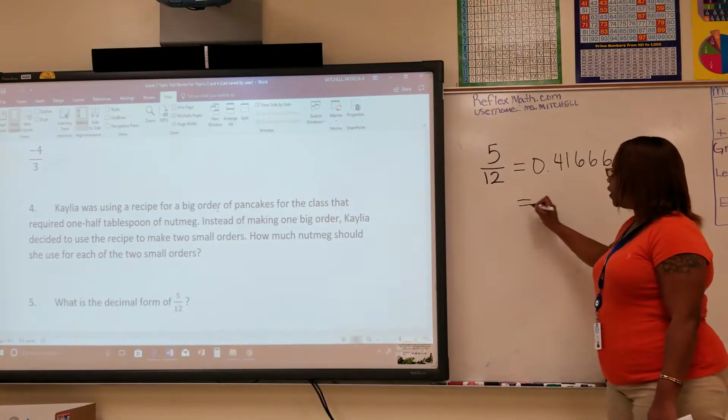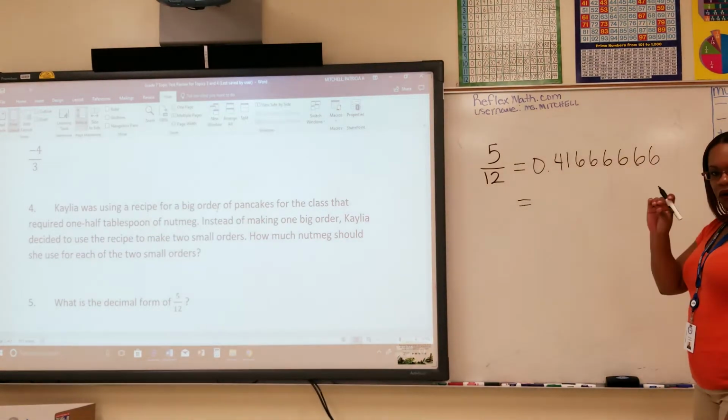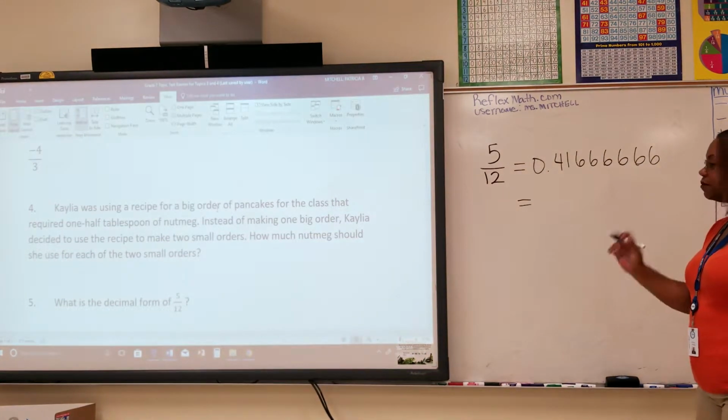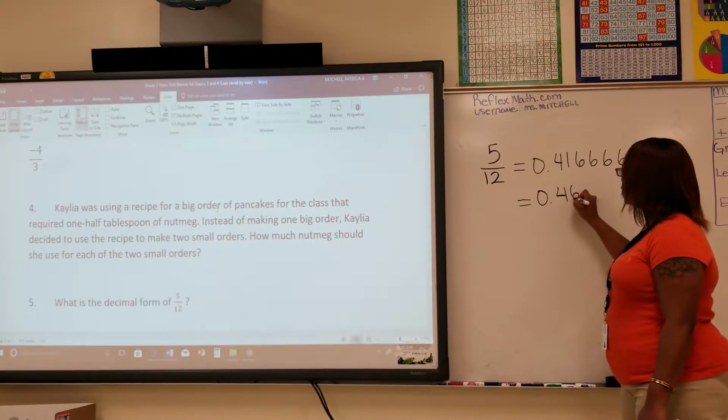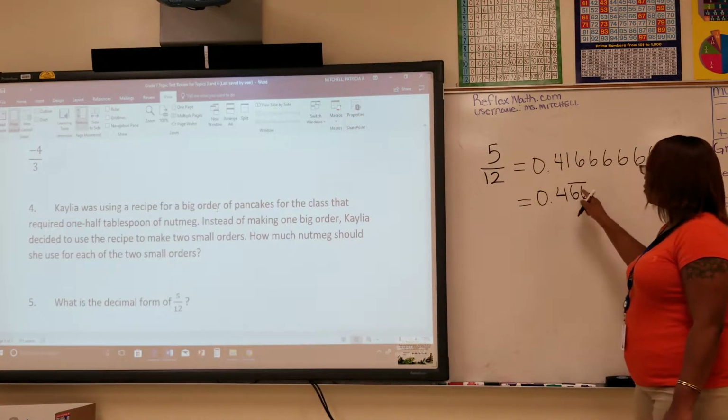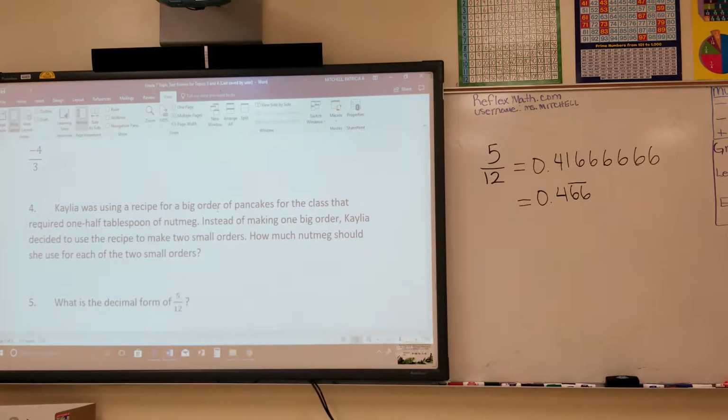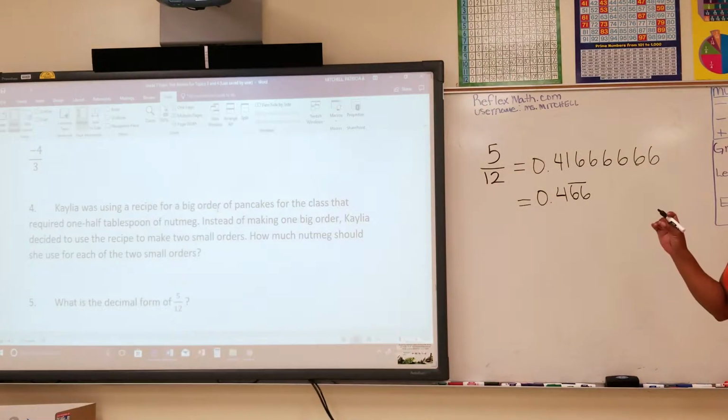And that method is using the repeating bar across those sixes. So we'll write 0.4166 and put a bar over those sixes to show that they repeat infinitely many times. Okay? So what is the decimal form of 5/12? It is 0.4166, and that 66 is repeating.